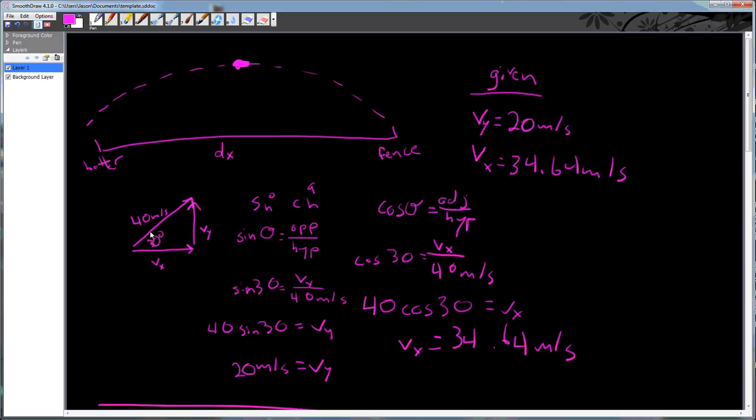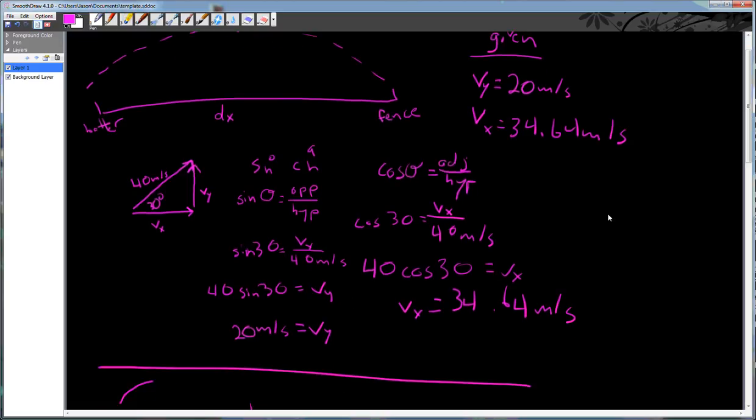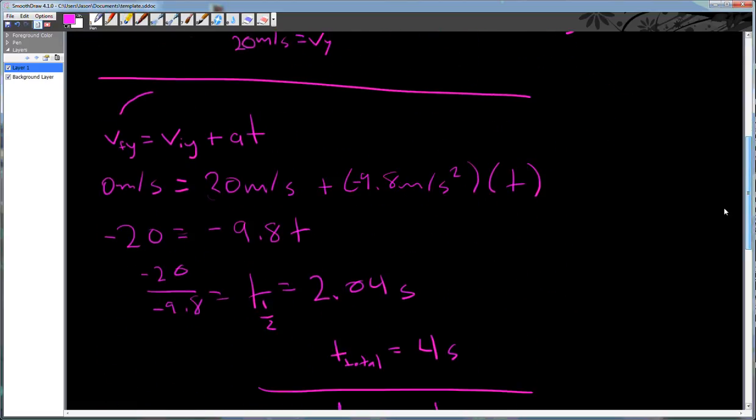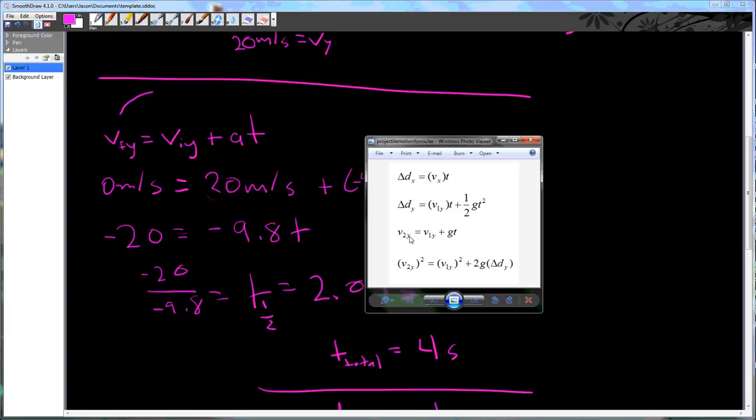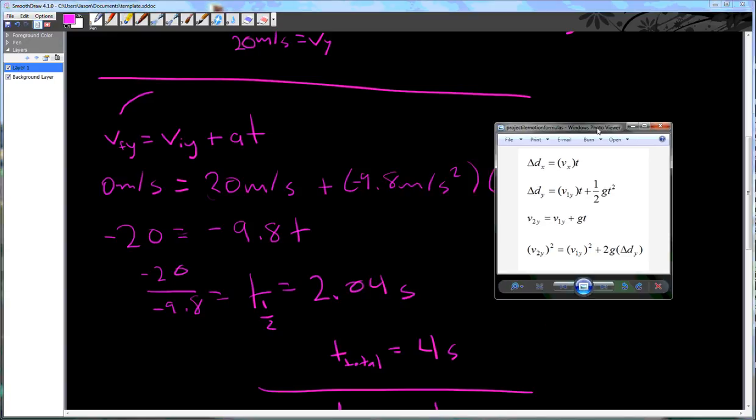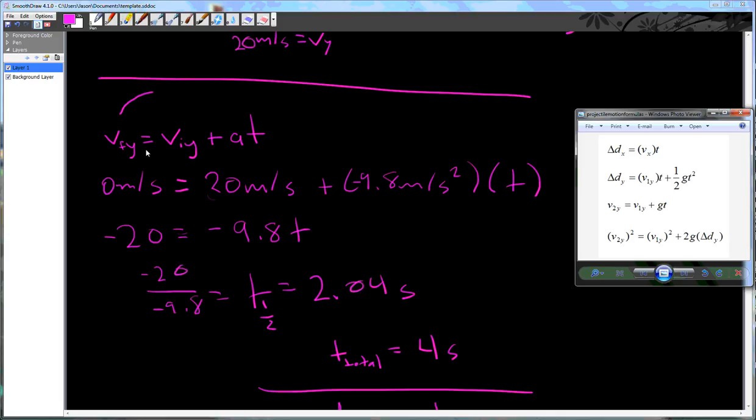Now to take you through that real quick, we were given this initial velocity vector. We broke that into its components, its initial x velocity and its initial y velocity, using trig here. Now, once we found that y velocity, we used this equation here to figure out how long it took for this ball to slow its vertical velocity from its initial 20 meters a second to 0, because we know at the peak its y velocity is 0.